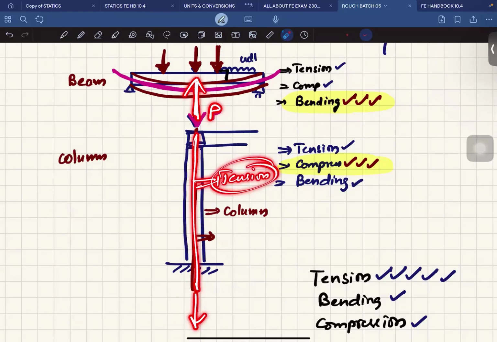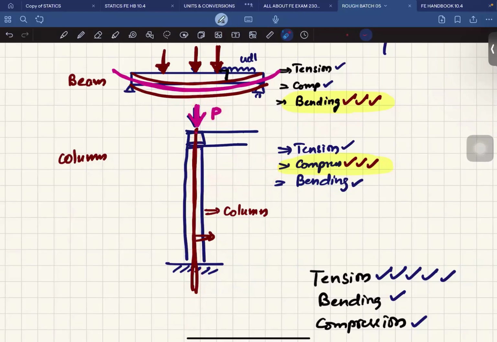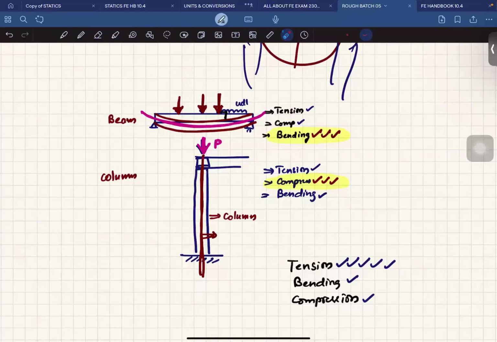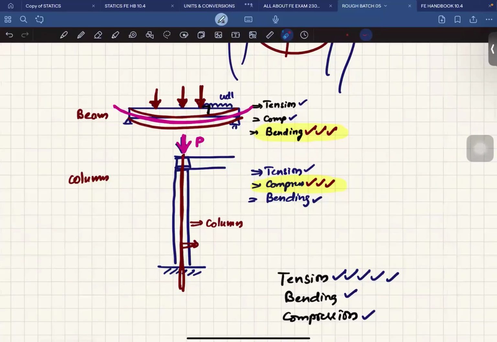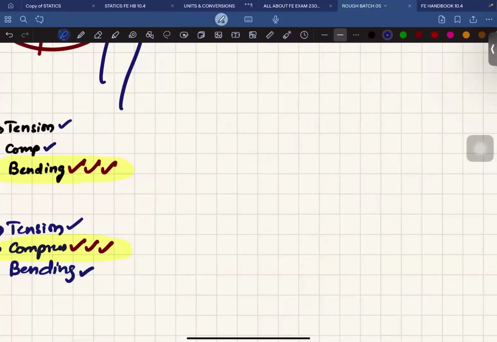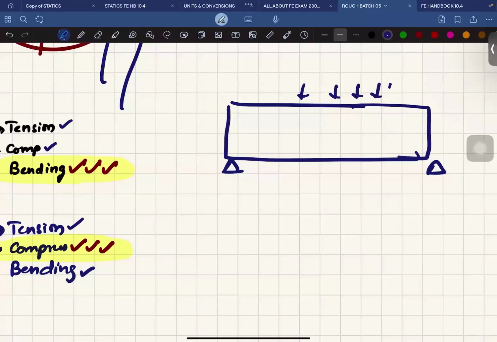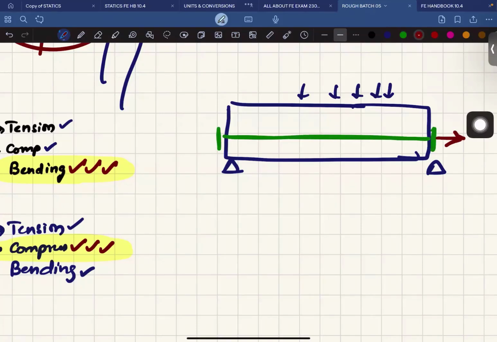Which element in your day-to-day life undergoes predominantly tension? Like beams, where we do pre-tensioning. Wow, that's a very good answer. That's a highly technical answer, to be precise. If this is a beam, actually a beam is designed as a flexural member, but sometimes we place some tendons here and pull them before even applying the loads.